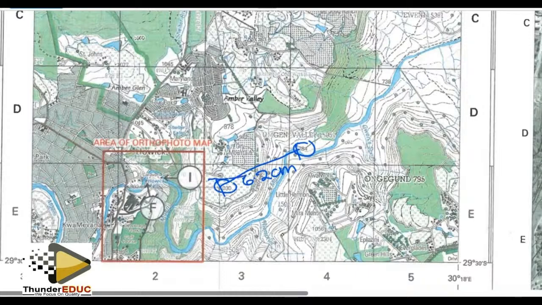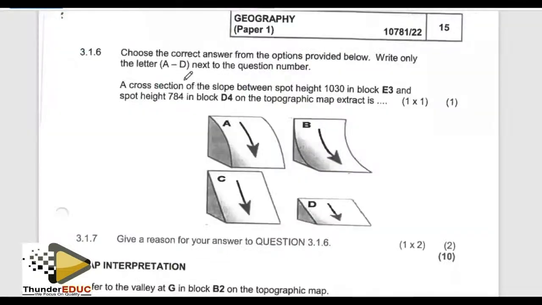But as you go to the other side, look at the contour lines here. The contour lines at this particular point are too close to each other, which shows a steeper gradient, right? Which means it could be something like this. Gentle, then becomes steep. Okay, let's check our options.